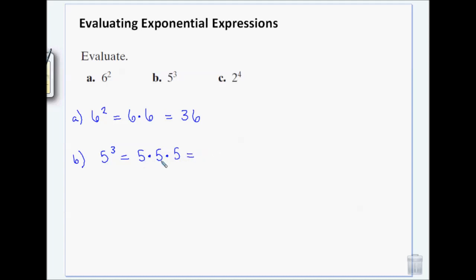So it's 5 times 5, which is 25, times 5 is 125. And 2 to the 4th is 4 2s. So 2 times 2 is 4, times 2 is 8, times 2 is 16.